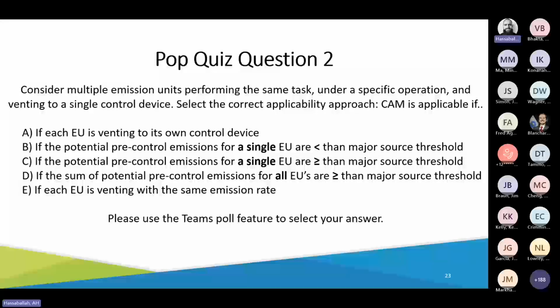All right, pop quiz question 2. Consider multiple emission units performing the same task under a specific operation and venting to a single control device. Select the correct applicability approach. I believe we may have had a discussion a few slides back on this particular case, but it doesn't hurt to go over it one more time.